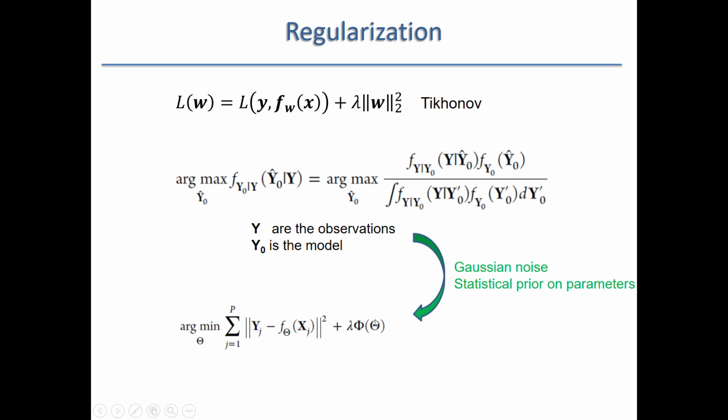This assumption always exists, even if it is not one known distribution like the Gaussian in the case of the Tikhonov.